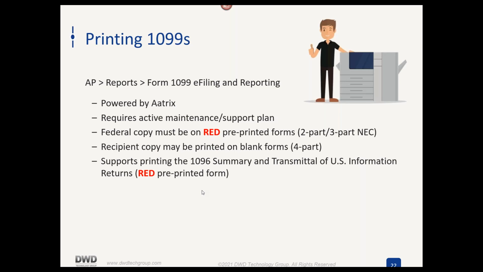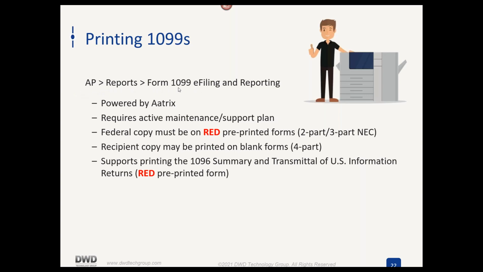This year, 2021, the non-employee compensation form, the NEC, is now a three-part form. So when you are hunting down those red copies, you will want to make sure that you are using the two-part for the miscellaneous and the three-part for the NEC forms.